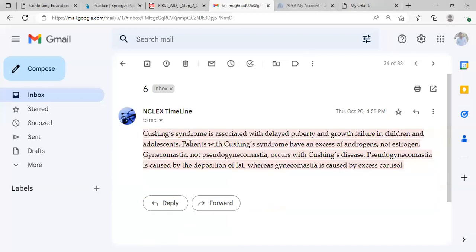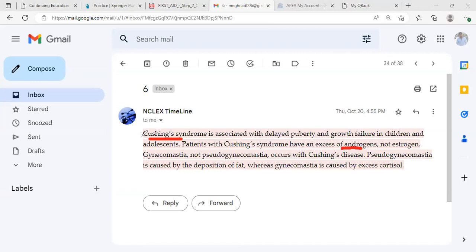What next? Next here, the Cushing syndrome. So Cushing syndrome is associated with delayed puberty and growth failure in children and adolescents. Patients with Cushing syndrome have excess androgen, not estrogen, androgen.